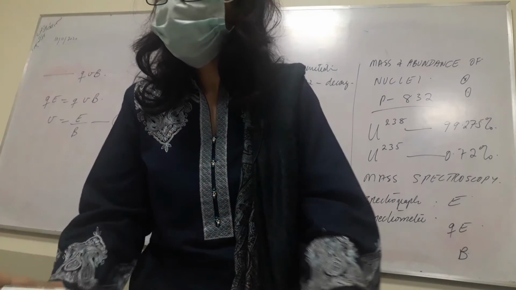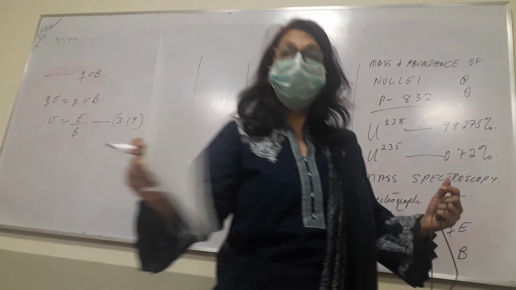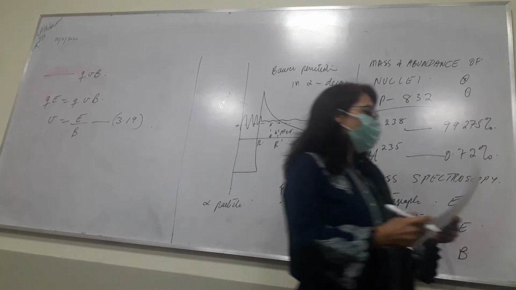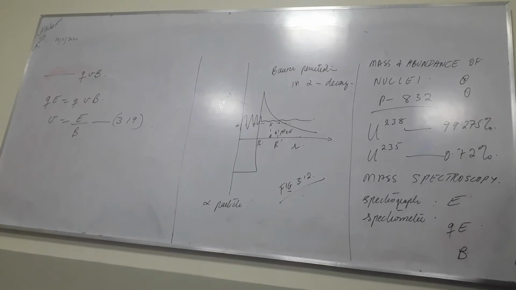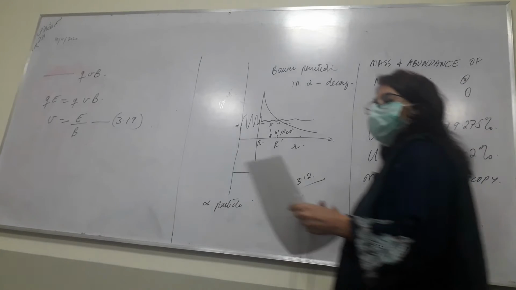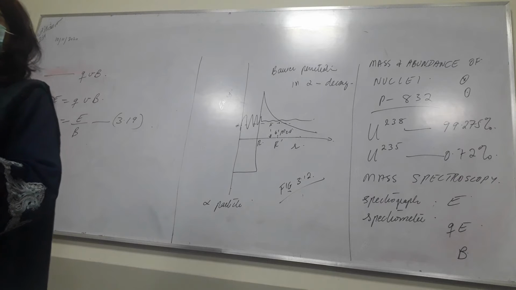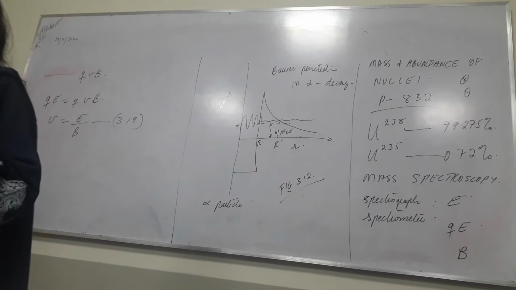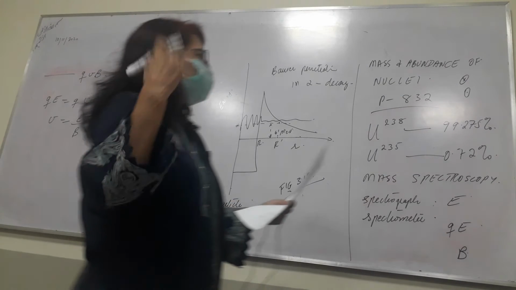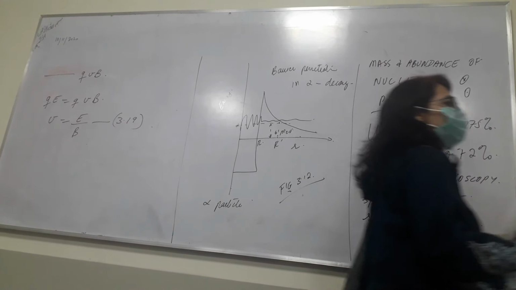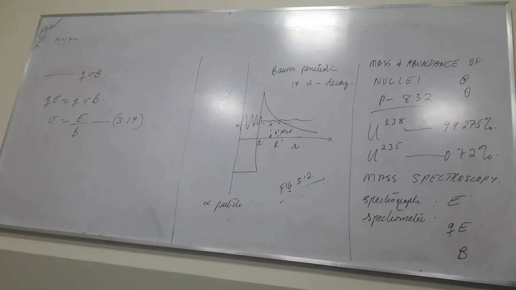Now, there is another term here which is the momentum selector. We had the velocity selector, we also have the momentum selector. Momentum selector is again a magnetic field that bends the beam, and this depends upon the momentum of the particles, and the radius of this deflection is given by r.